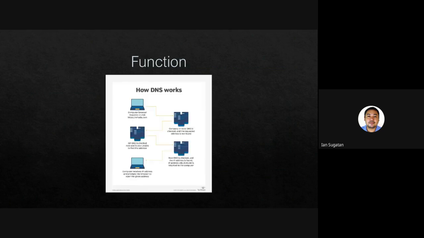The often used analogy to explain the DNS is that it serves as the phone book for the internet by translating human-friendly computer host names into IP addresses. For example, your domain name www.example.com translates to the address 93.184.216.34.